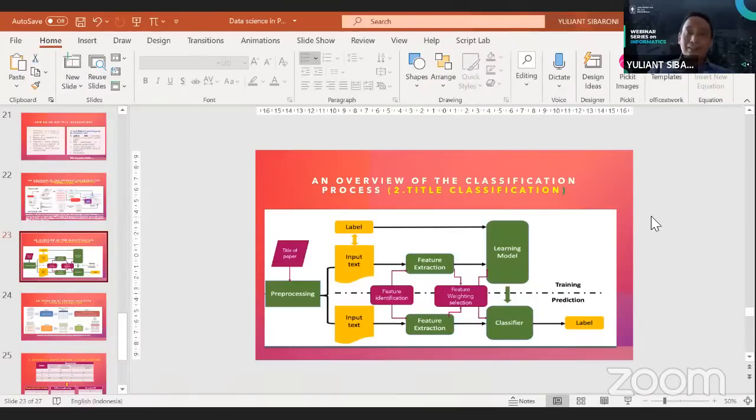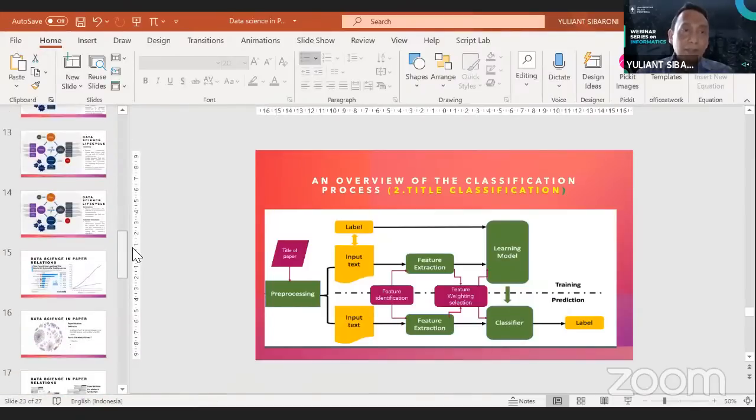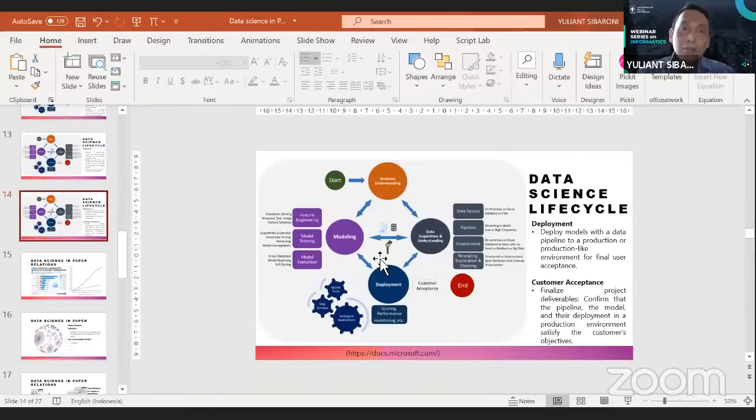Like I said before in my previous presentation, data science is done by several teams, maybe not only one person. I think that is impossible because there are many processes in data science.